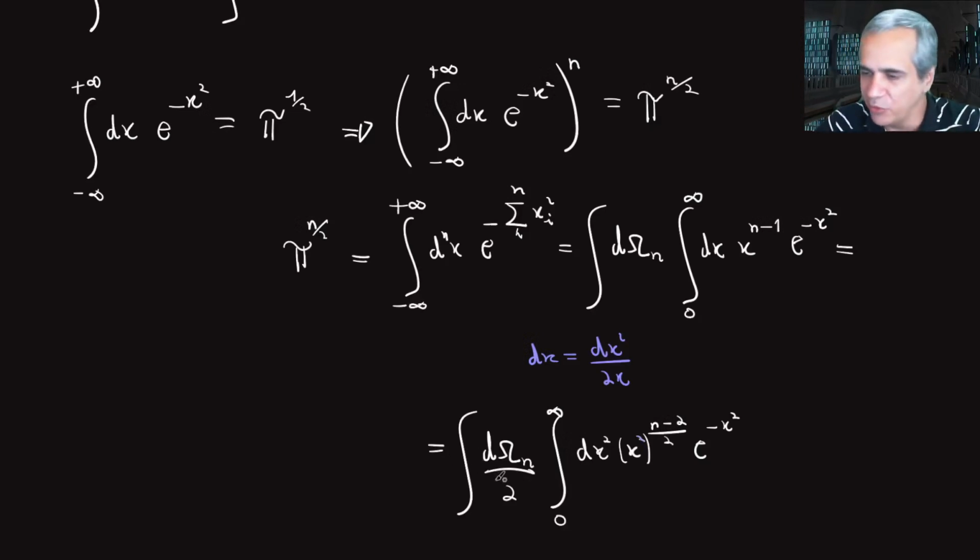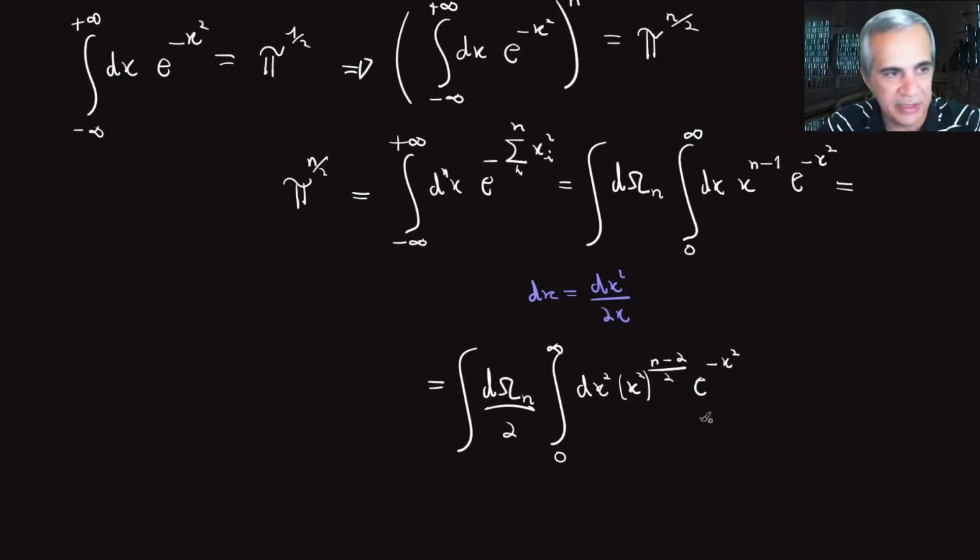The reason I can do that is because this is already written as a definition of a gamma function. For any integer, but we know that the gamma function has an analytic extension to the complex domain.